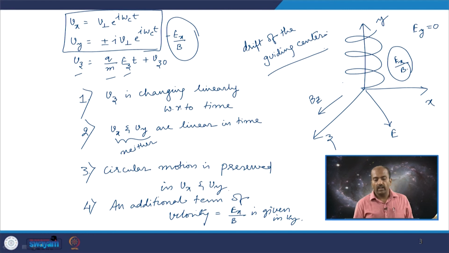This drift of the guiding center is due to Ex as well as B. Okay. Now, let us learn more about this drift velocity. We can say that the Larmor motion is preserved in perpendicular E and B fields. In addition to this, you have an additional component which you call the drift of the guiding centers.